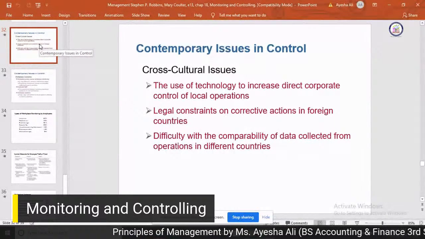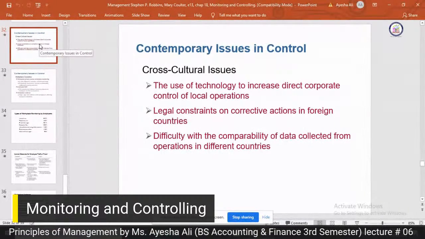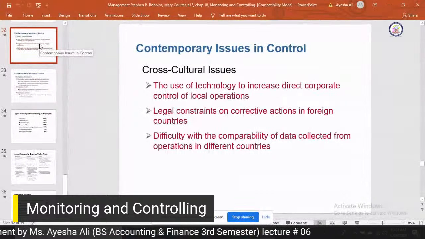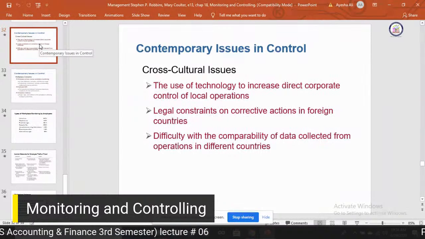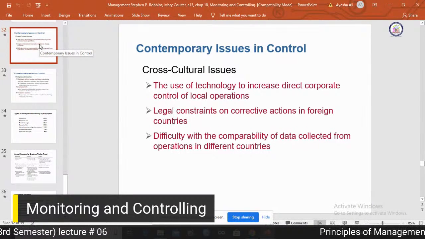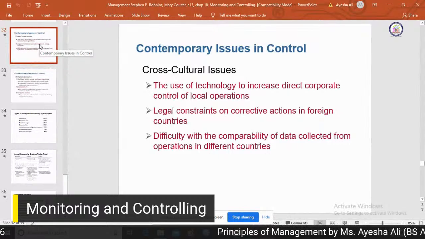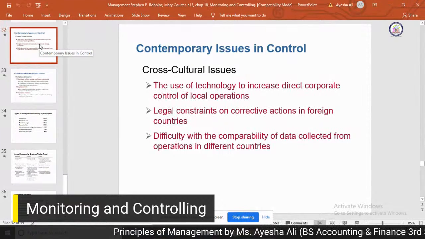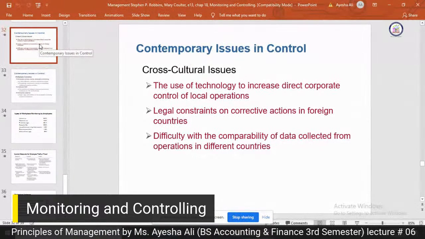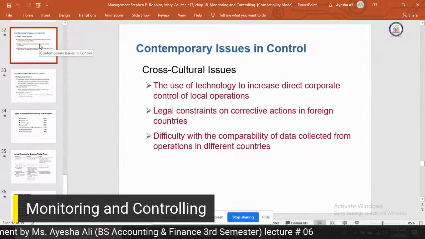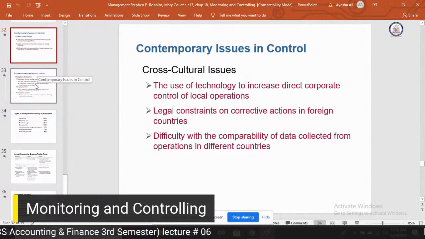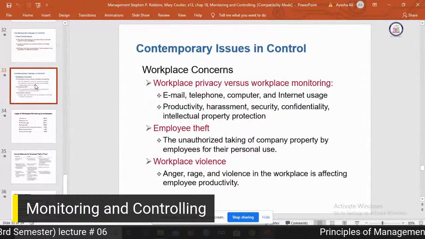Difficulty with the comparability of data collected from operations in different countries. We collect data from different countries, so we have difficulty to compare it, to match it, to analyze it, to interpret it. So these are the cross-cultural issues.